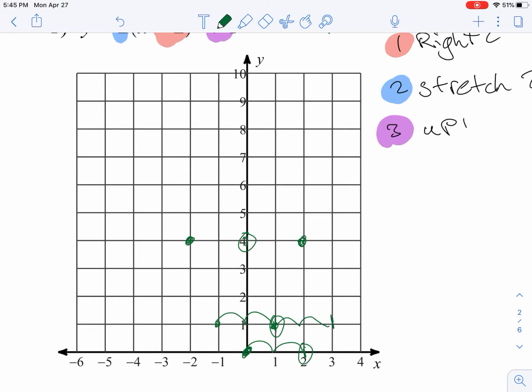That was the other point that was there. And 1, 2. I don't know how much I like green now. It doesn't pop. Okay, so you see my circled 1s.